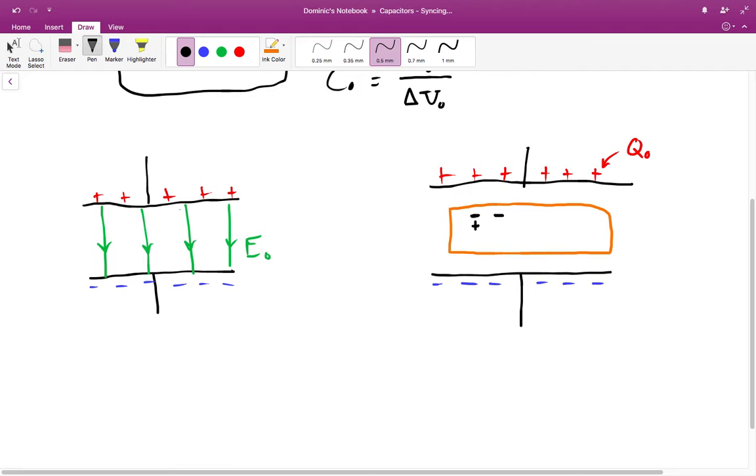So each atom in here is going to be polarized. It kind of looks like this. Each atom is polarized. Notice that we have a net positive on this side of the material, because most of the positives are down there. And then this side of the material has a net negative.